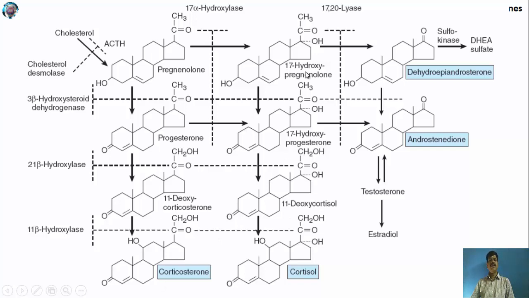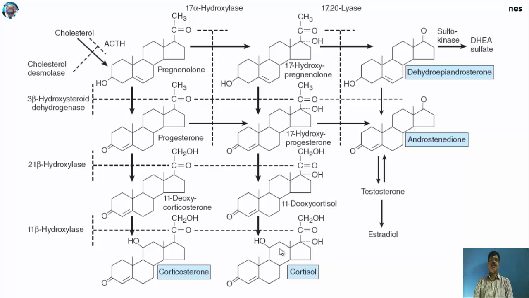Then 17-hydroxyprogesterone is converted into androstenedione by removing the acetyl group and converting the hydroxyl group into a ketone. From androstenedione, testosterone and estradiols are formed. From 11-deoxycortisol, cortisol is formed. The difference between 11-deoxycortisol and cortisol is the addition of a hydroxyl group at the 11th position. So this is how all the steroid hormones are synthesized.